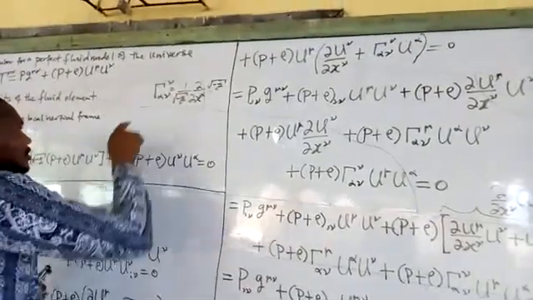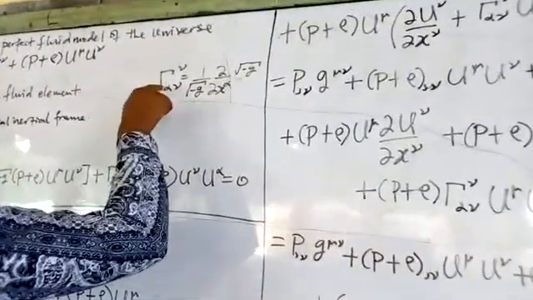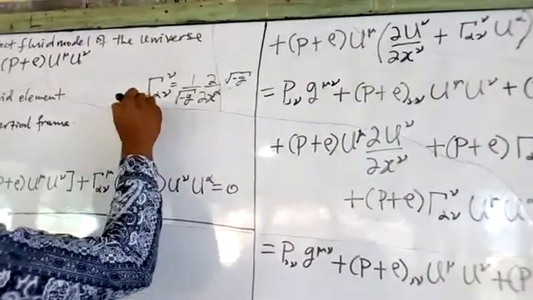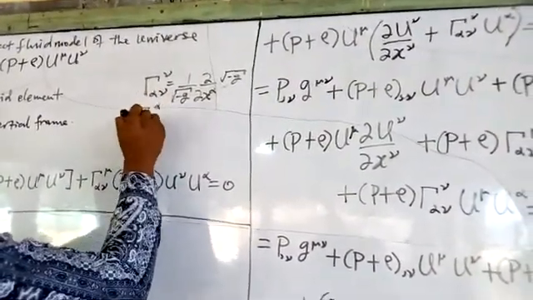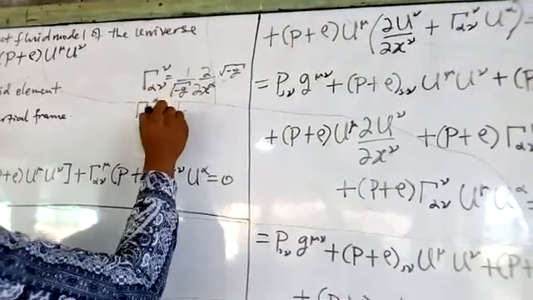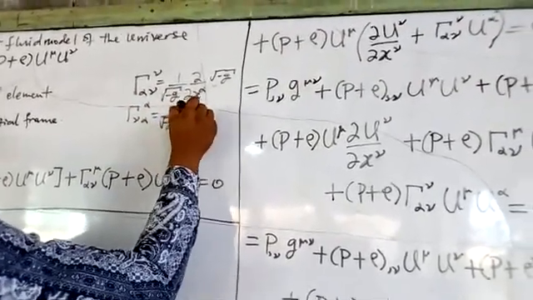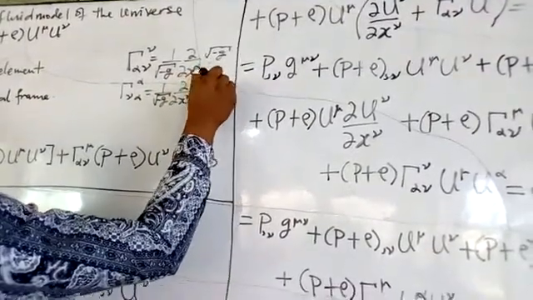Yeah, it's always the dx of whatever is standing alone. That which is contracted is not important. But supposing I had something like gamma alpha nu alpha, then this would be 1 over the square root of minus g, d dx nu this time around, and not alpha, of square root of minus g. So that is what I will have.